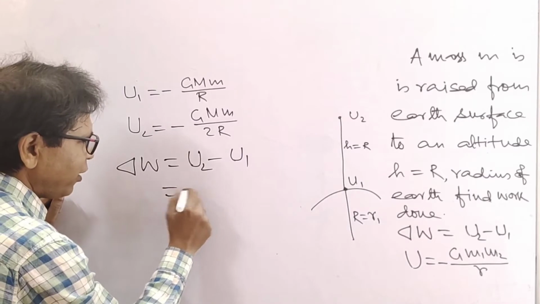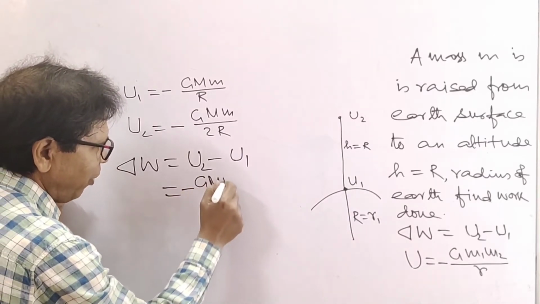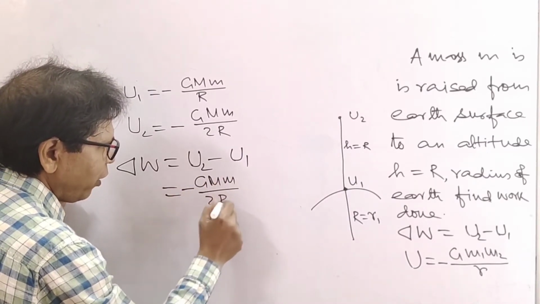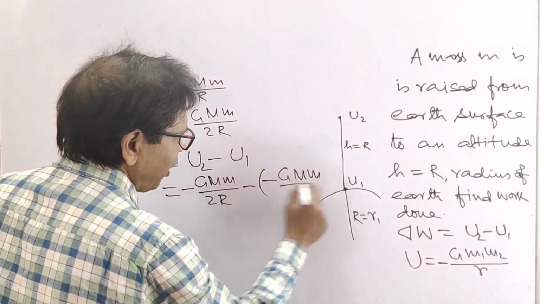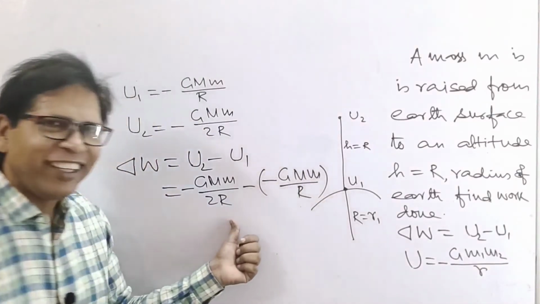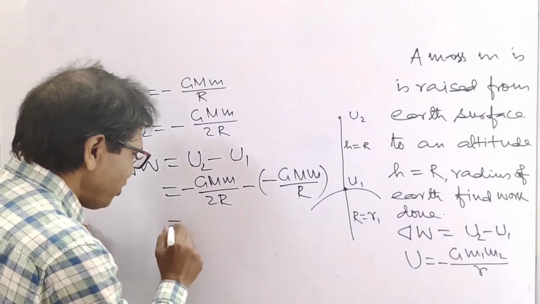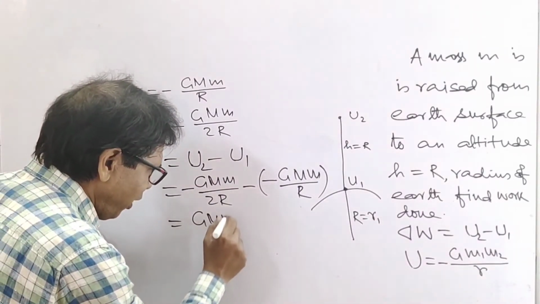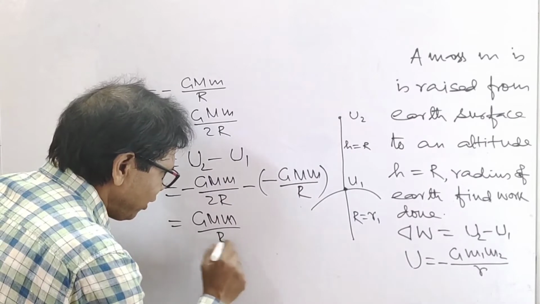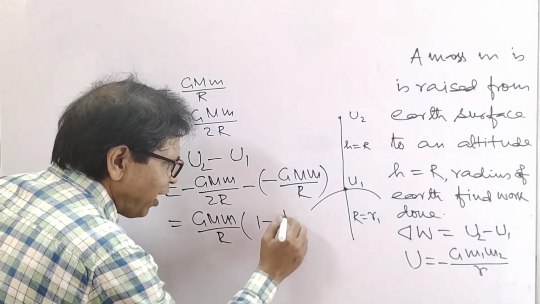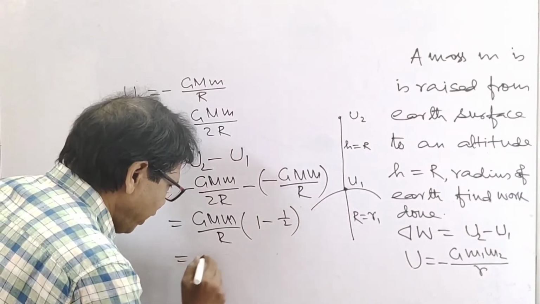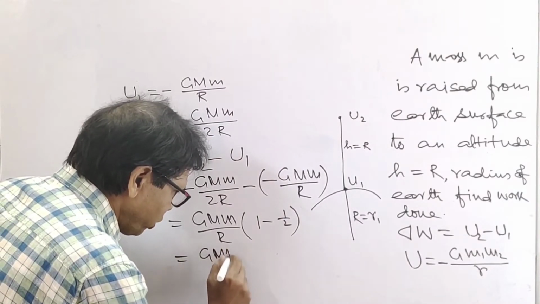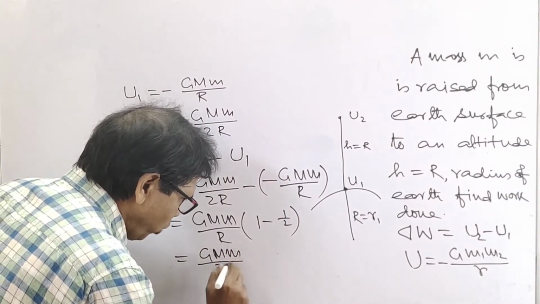So look at this, this is the minus GMm by 2R minus GMm by R. Okay, understood? Now look at this, this is the GMm by R, this is the 1 minus half. Okay, understood? So this is the G capital M small m divided by 2R.